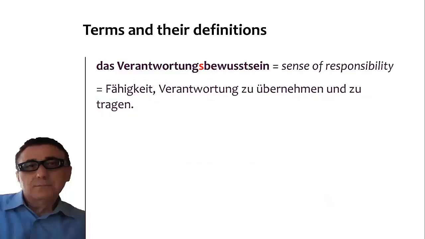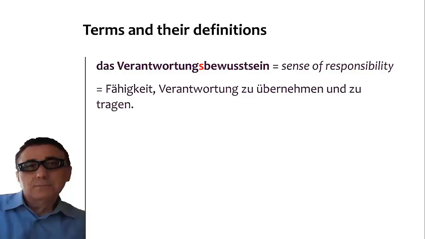Another interesting word, a little bit complicated looking, but it's not actually, das Verantwortungsbewusstsein, which means sense of responsibility. Let's learn its German equivalent, German explanation at first. Fähigkeit, Verantwortung zu übernehmen und zu tragen. Fähigkeit means ability.